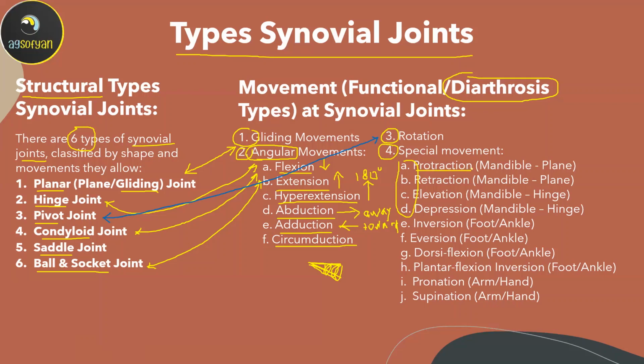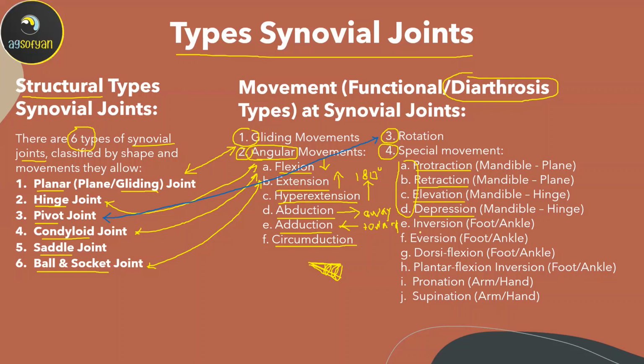If you move it inward, it is called retraction. If you elevate your jaw, like when you're chewing food, it gives the movement called elevation. And when you chew food, sometimes you also depress, or move downward, your mandible, your lower jaw, and that movement is called depression.